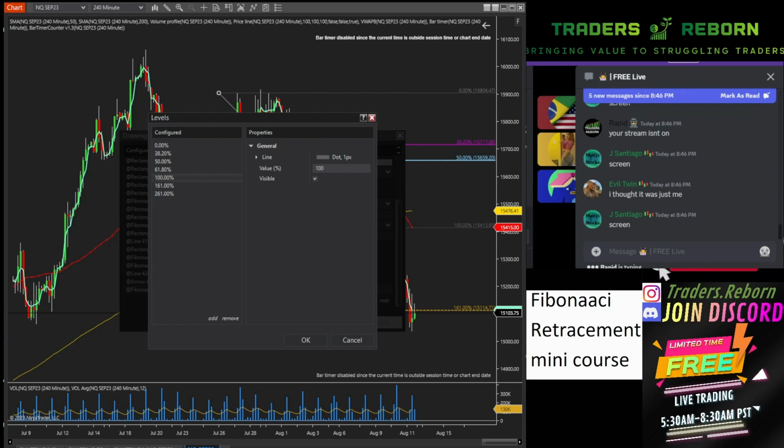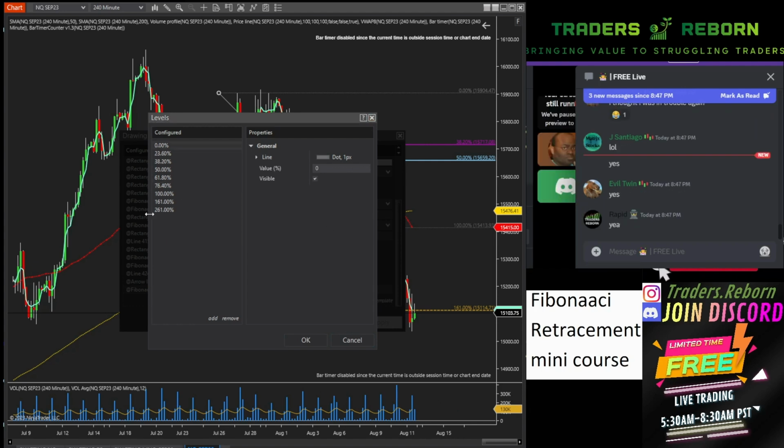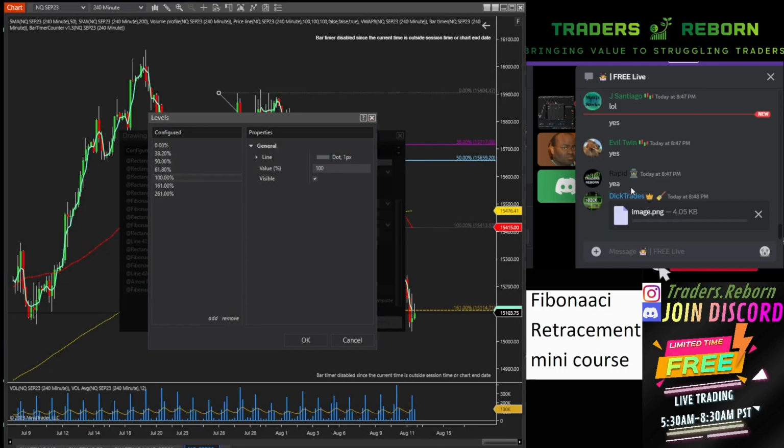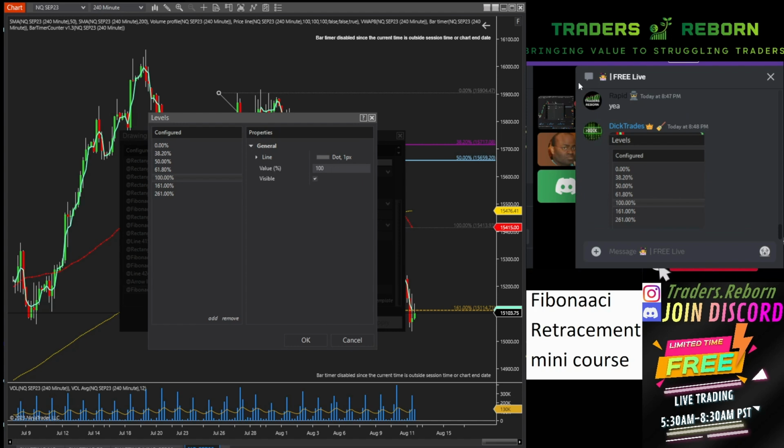Once you get in here, 23% you do not need. Remove the 23% right here. Remove the 76% right here. These are the only levels you need for the Fibonacci. 38% and 61% are interchangeable. They're about the same levels.